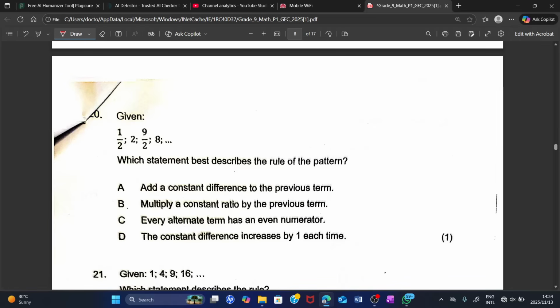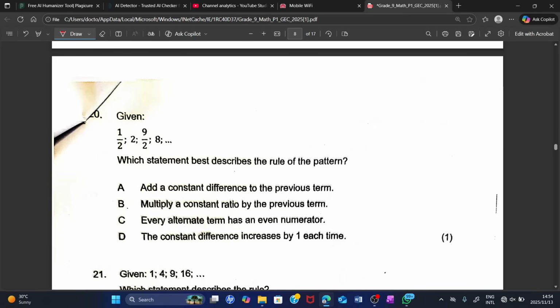So which one represents the rule for the pattern? Okay, I think we can win on this one.